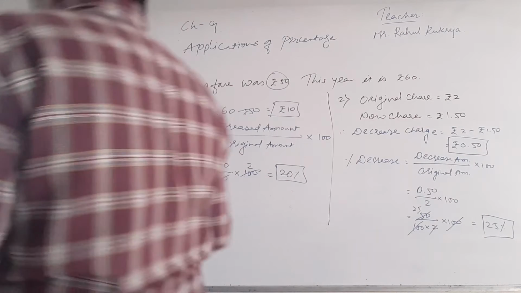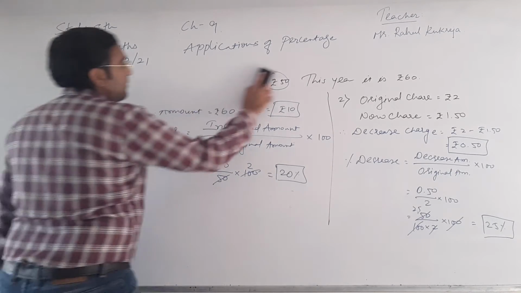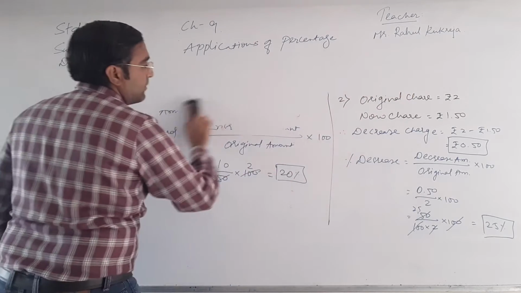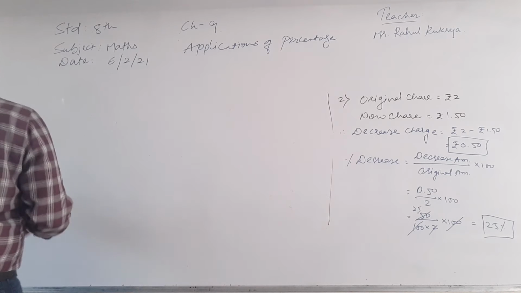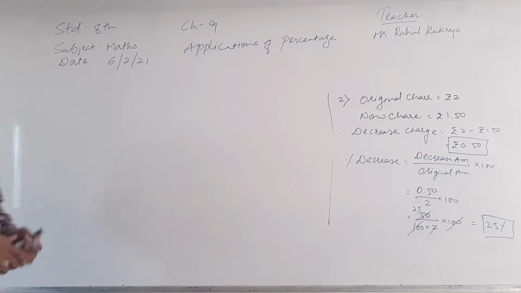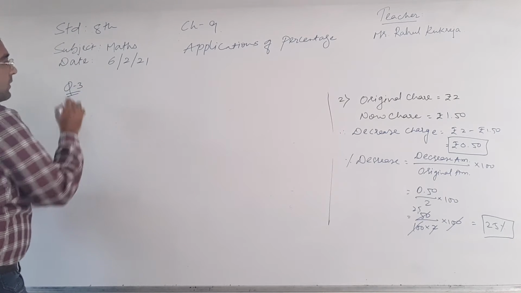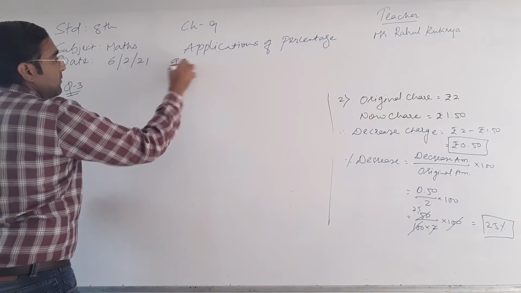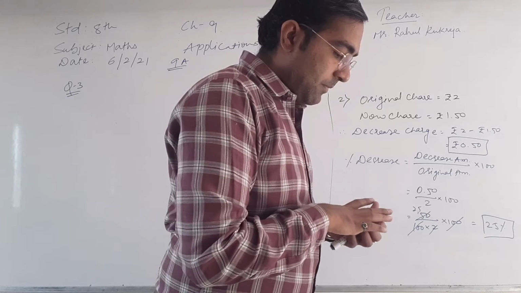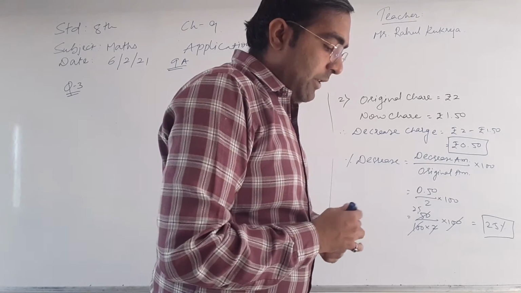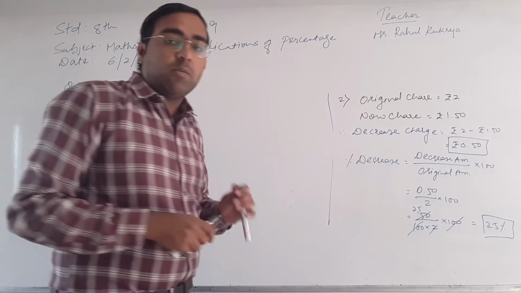So now question number 3. The population of tigers in the sanctuary now is 5,500.